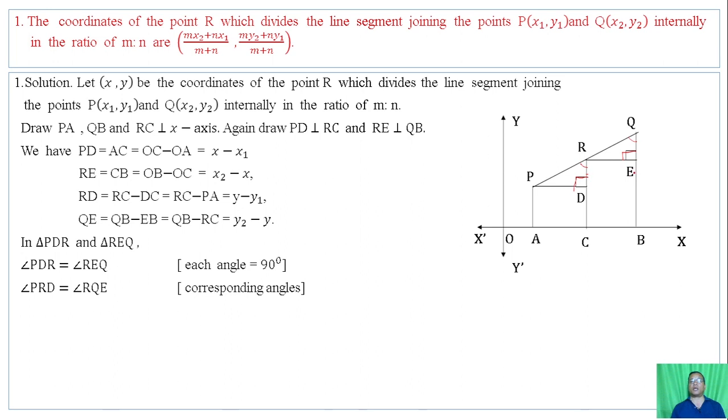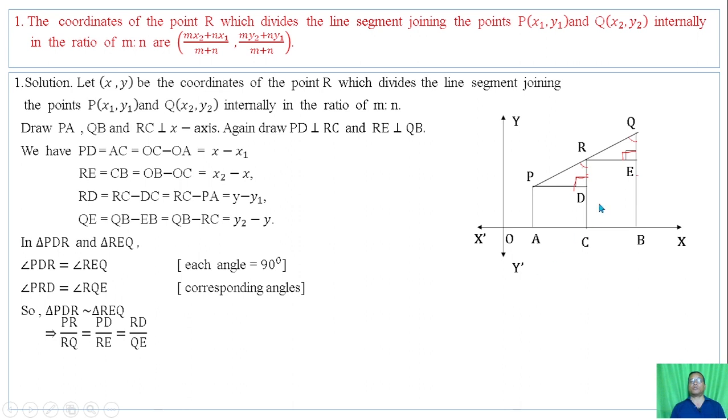These two lines are parallel and this is a transversal, and therefore they are corresponding angles. So triangle PDR is similar to triangle REQ.